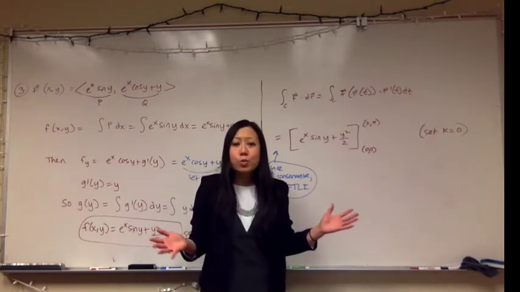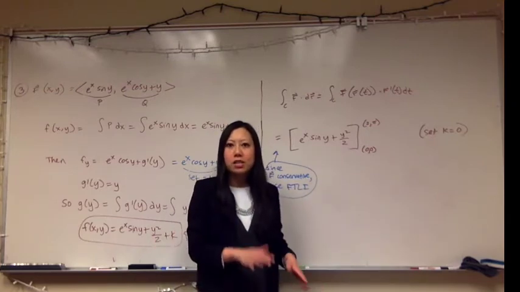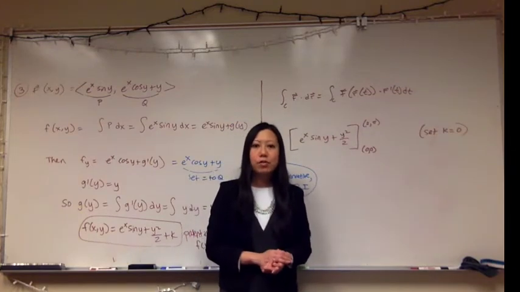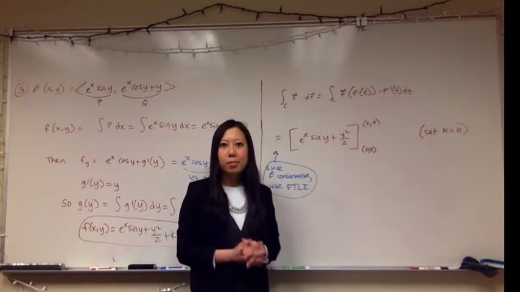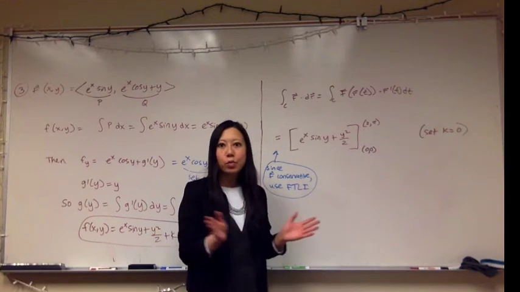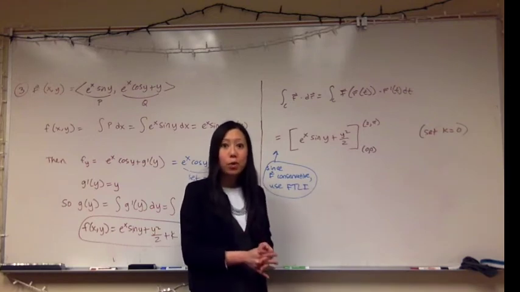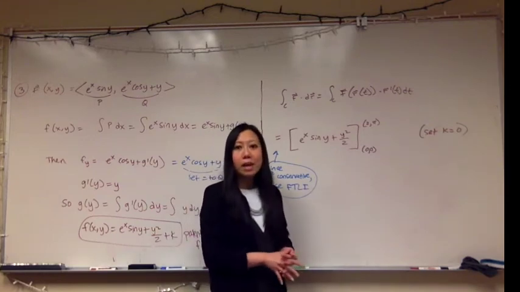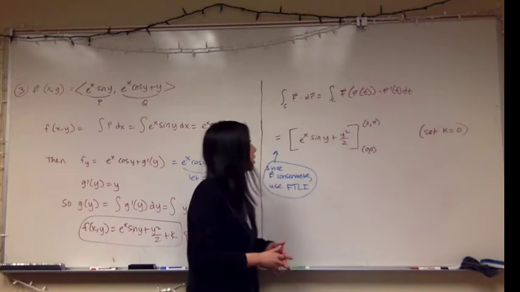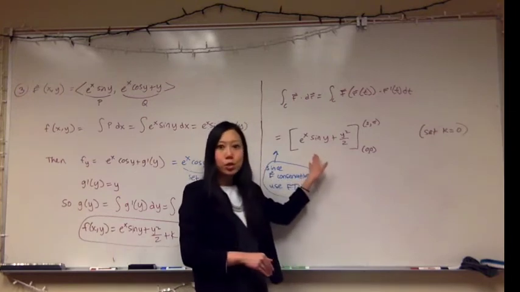Who cares what the path is? It doesn't even matter, because as long as F is conservative, we know that the line integral is independent of path. So we don't care about the path. All I care about are the endpoints, because no matter what path we choose, it's going to give us the same result. So I plug the endpoints into the potential function.